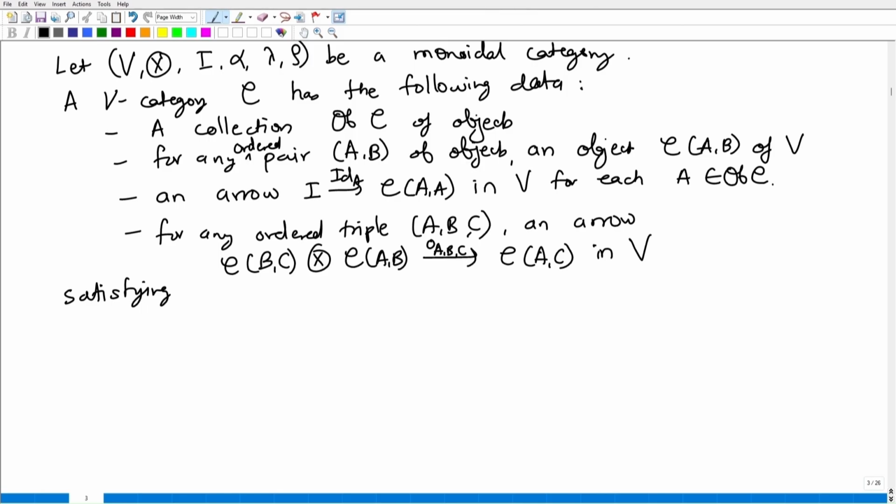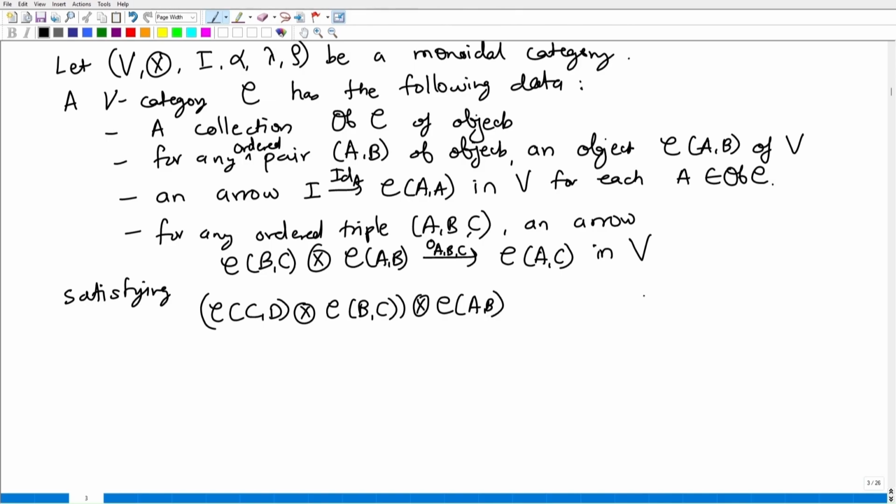Okay, so let's write that. The composition should be associative, correct? So let's write that, satisfying these diagrams. C_CD tensor C_BC tensor C_AB.